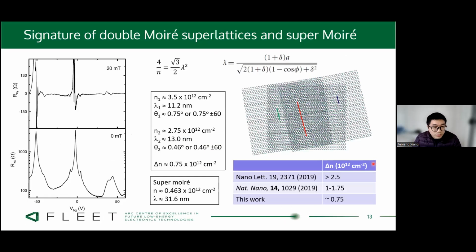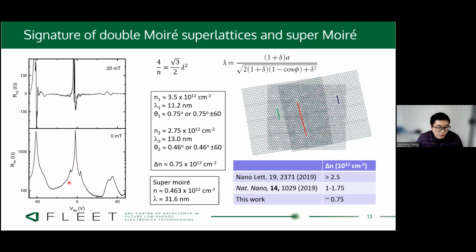And then we try to probe the signature of the double moiré superlattice. So we measure the resistance as a function of gate voltage. Normally for graphene, we can see one resistance peak at the charge neutrality point.